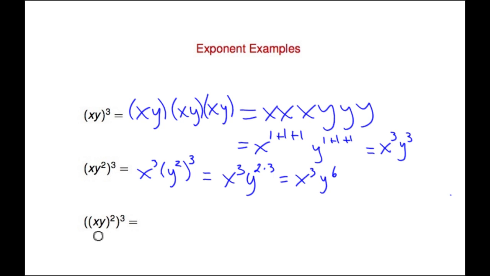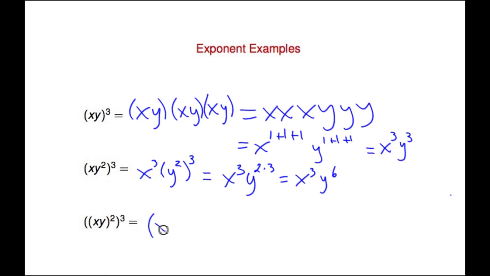So here we have a complicated base, meaning more than just a single variable, and it's being raised to the second power. And then all of that is being raised to the third power. What we're going to do first is, anytime you see an exponent being raised to another exponent, you can simplify those things together. So that's a topic that we've already talked about.